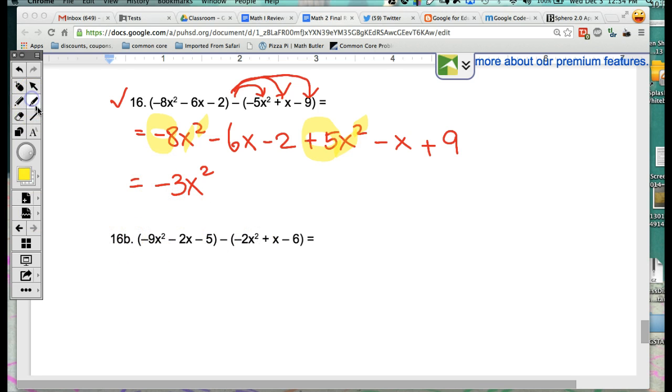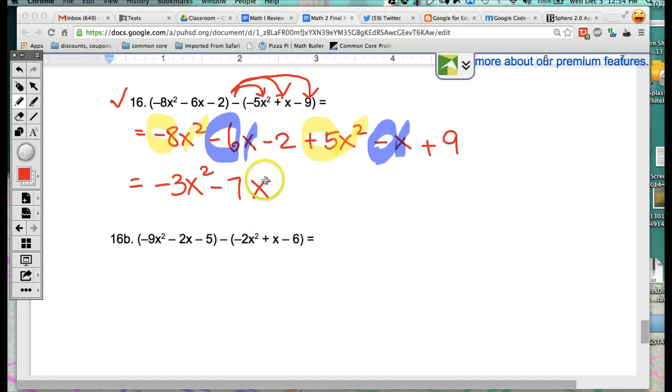Then I'm going to look for my next like term, which is x and x. I just write the x and then look at the number at the front, which is negative 6 minus 1. And that's going to be negative 7.